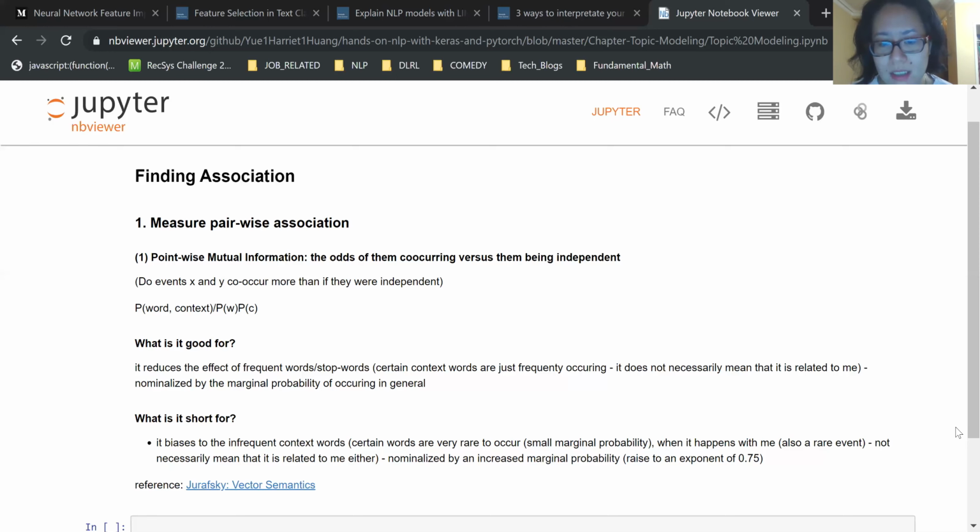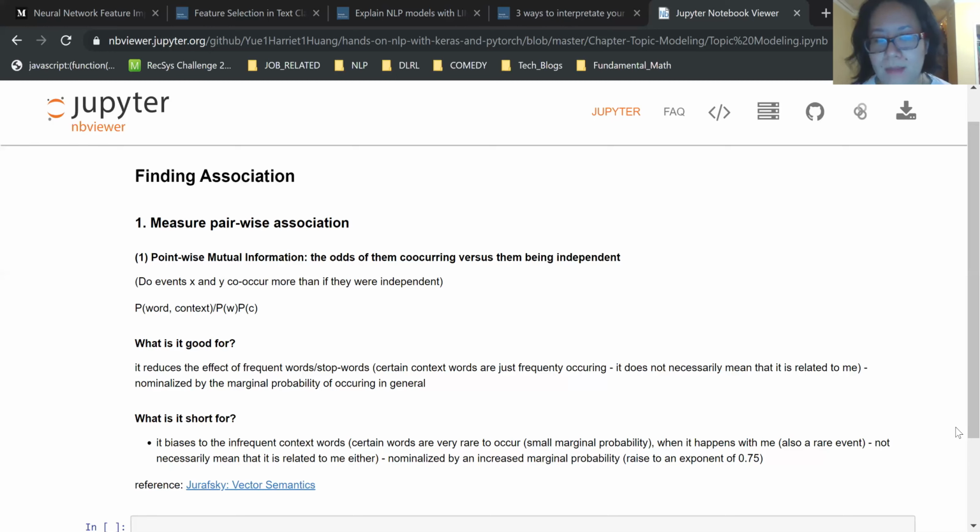But as we know, when something rare happens, and I happen to see this item co-occur with another item, it's also a rare event. It's also very infrequent, right?